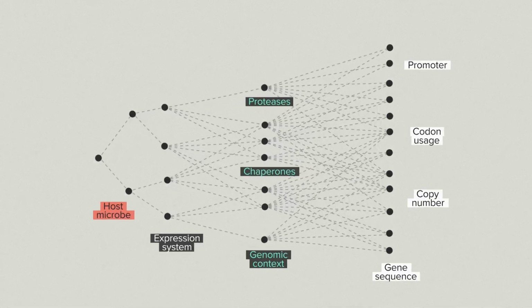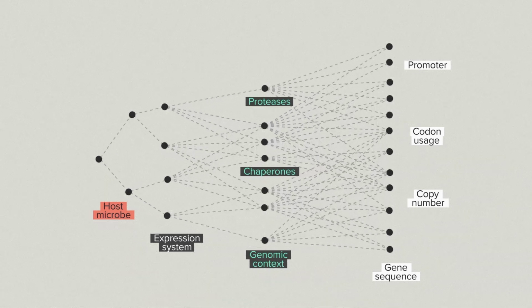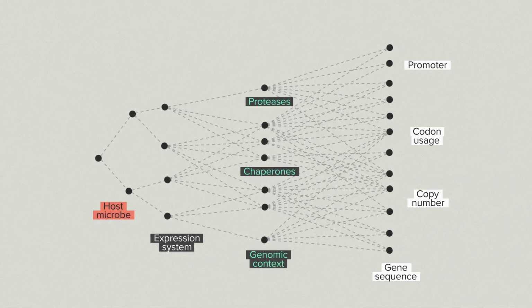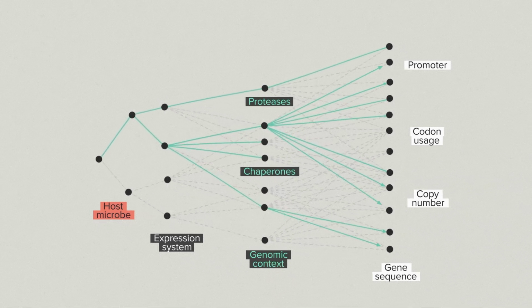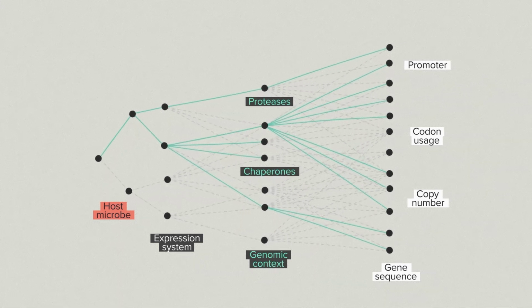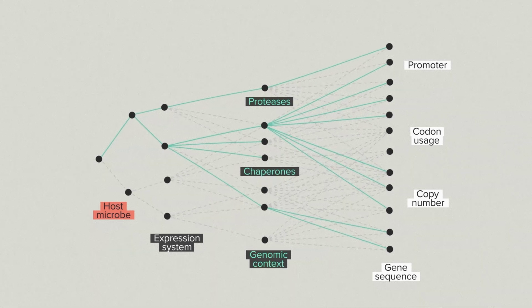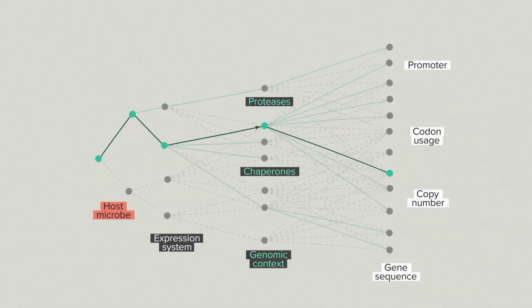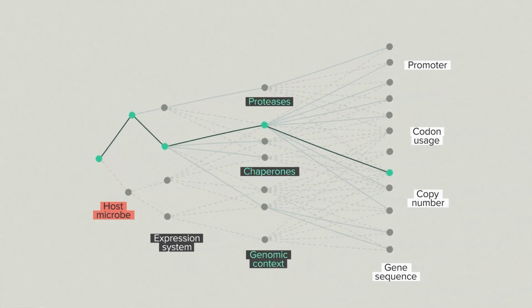But because we have the automation infrastructure to test thousands of designs, we don't have to lock in the single best performer at each step. We can advance the top 3 strain backgrounds and the top 5 gene designs for each one. This diversity helps us avoid dead-end designs that work well in early stages, but poorly later on.